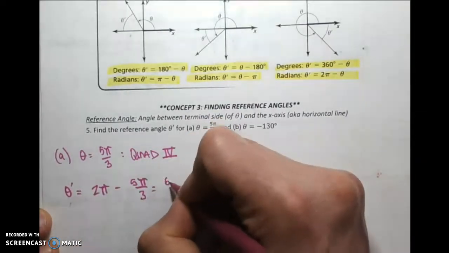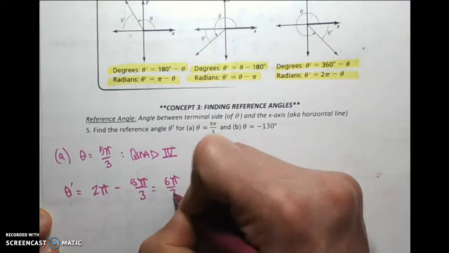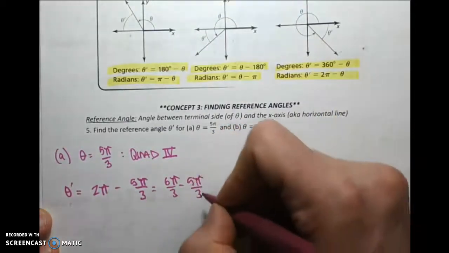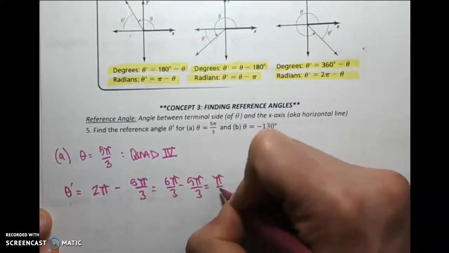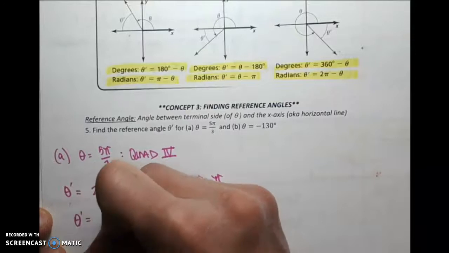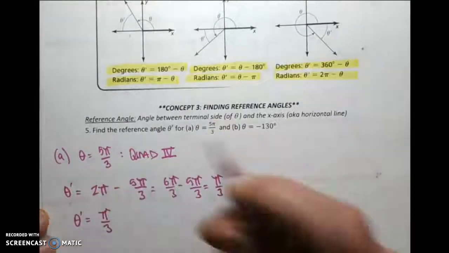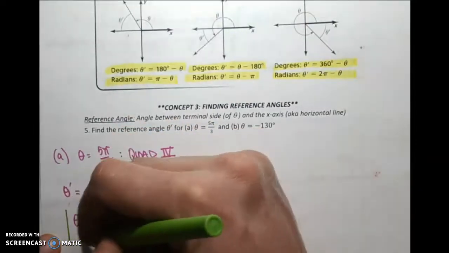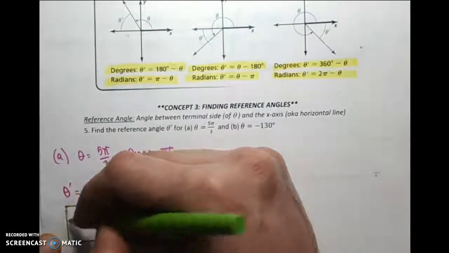So that will give me 6 pi over 3 minus 5 pi over 3. And now I can combine and I just get pi over 3. Okay, so my reference angle is pi over 3. And done.